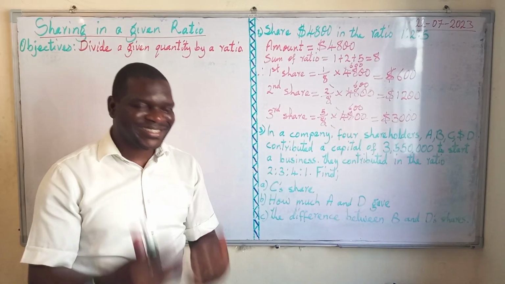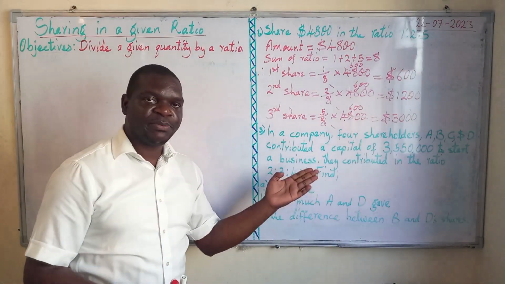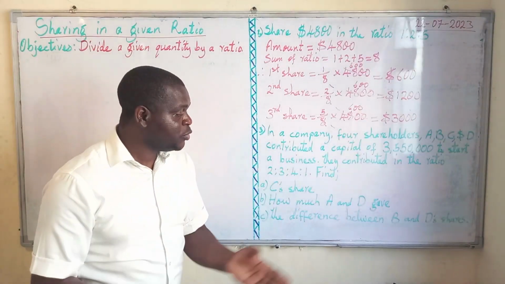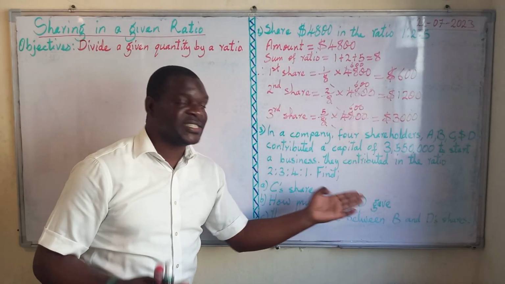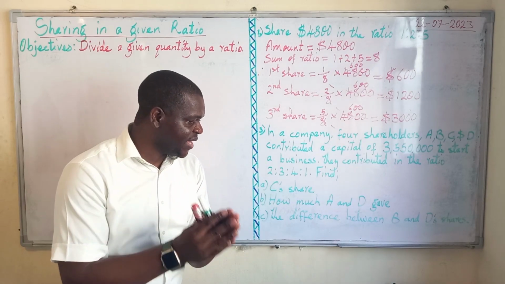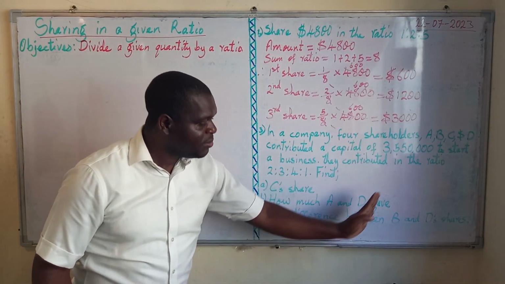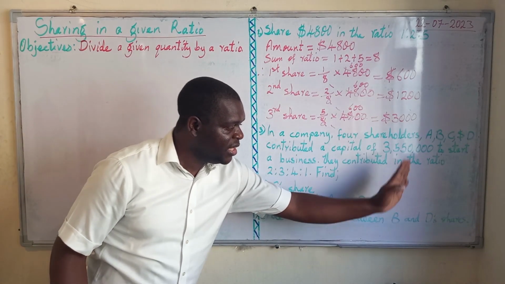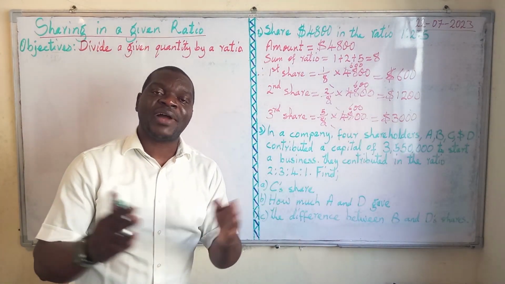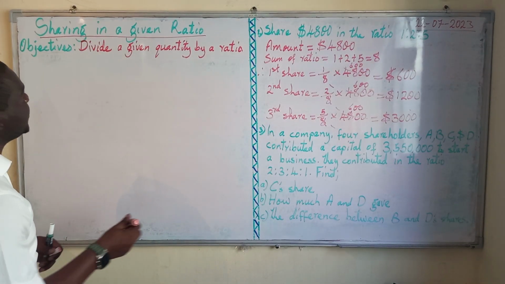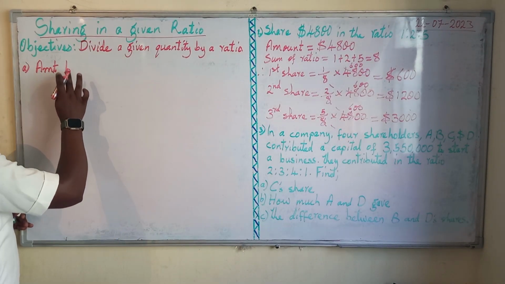These two will assist us in solving for each person's share. And of course, like in B, we should be able to calculate for A and for D separately before putting together. And for the last question, C, we should be able to calculate for B separately, for D separately, before finding the difference. So we'll start by first of all identifying the amount contributed.